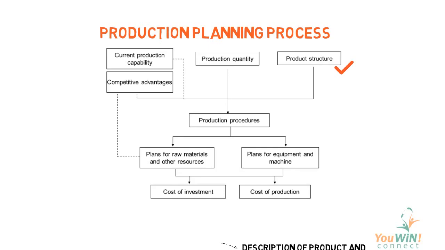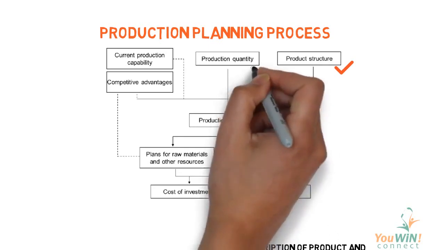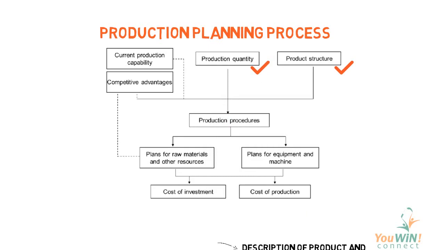The production planning process also takes into account the production quantity. How much of each type of product you need to produce. When we look at production quantities, to be sure that we have what it takes to produce what the marketing plan stipulates, we must first of all consider what the current production capacity is.